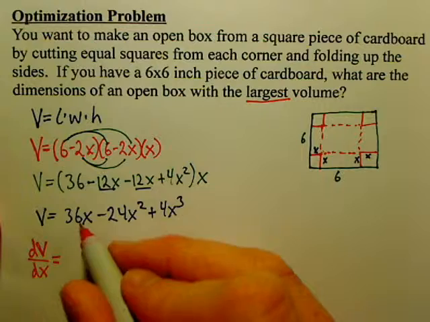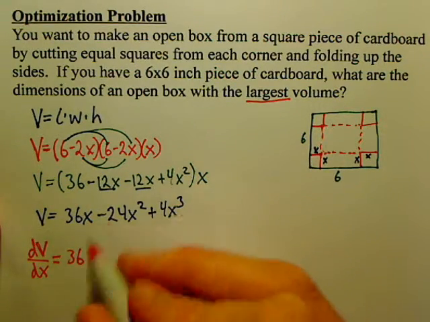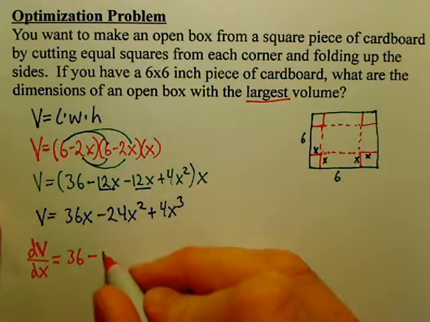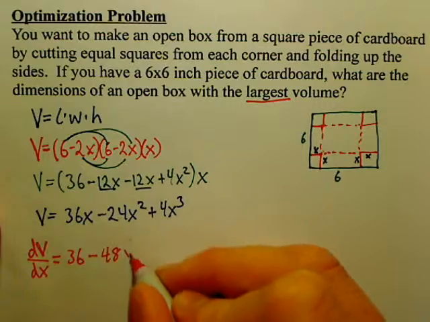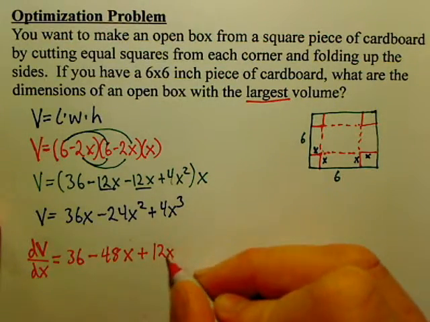The derivative of this is going to be 36 minus, well, 2 times negative 24 is negative 48x plus 12x squared.